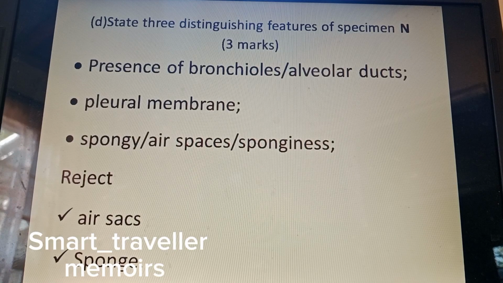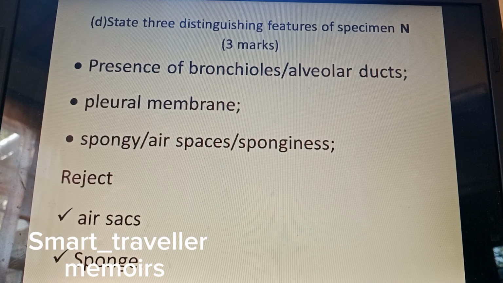D. State 3 distinguishing features of specimen N, 3 marks. Presence of bronchus, or you say alveolar ducts. Pleural membrane, spongy, air spaces, sponginess. All these will give you 3 marks.